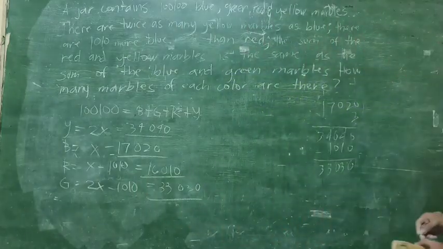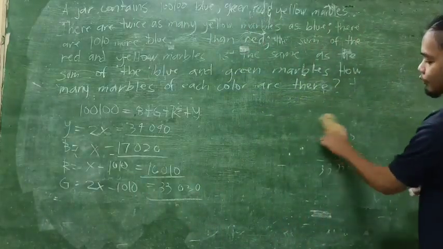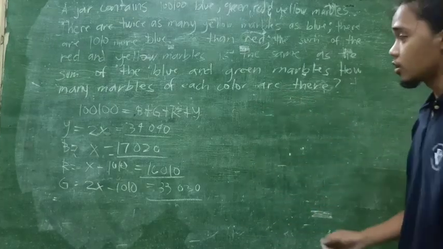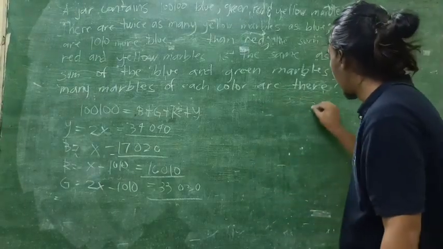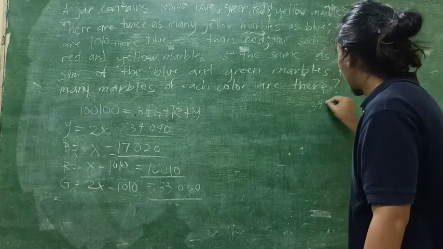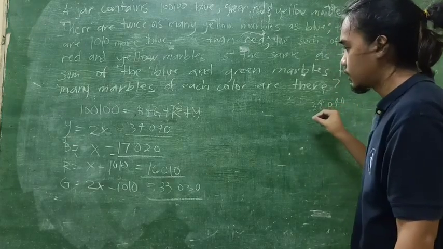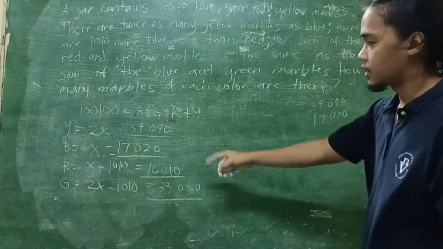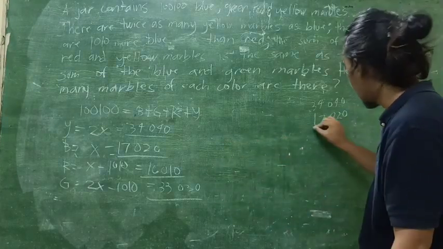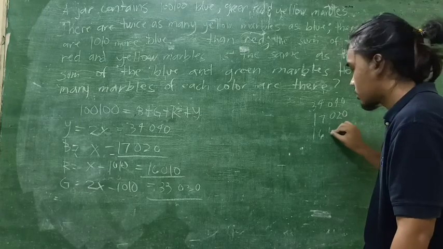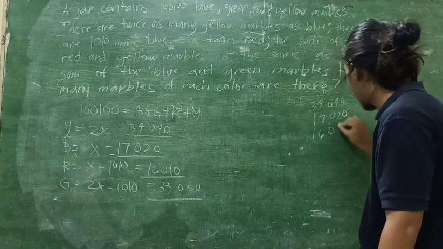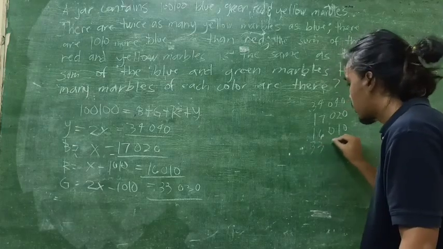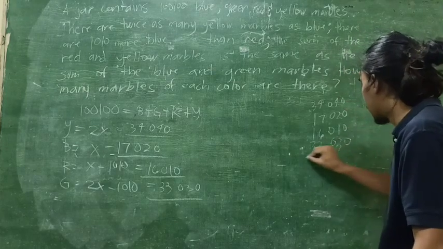So if you want to check, let's just sum those up. So okay, 34,040 plus 17,020 plus 16,010 and 33,030.